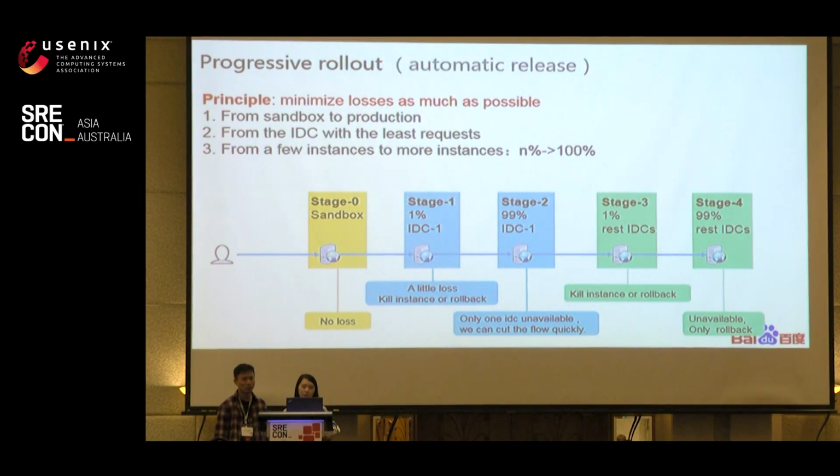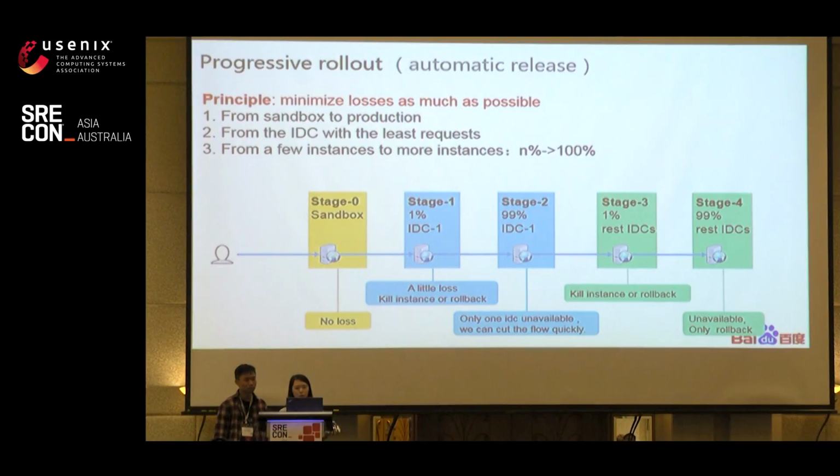The first thing is to divide stages reasonably. The principle is to minimize losses as much as possible. First, from sandbox to production, at the yellow color, there will be no loss after sandbox. Second, from the IDC with the least requests, as the blue color.